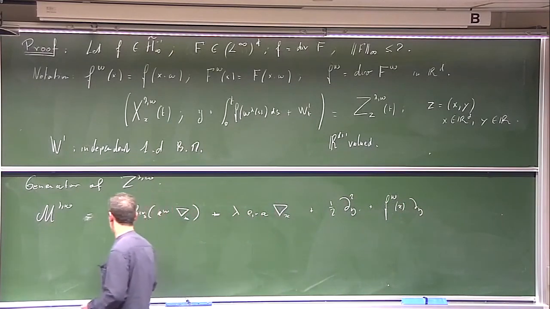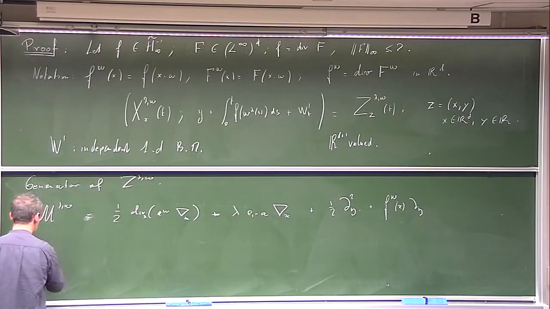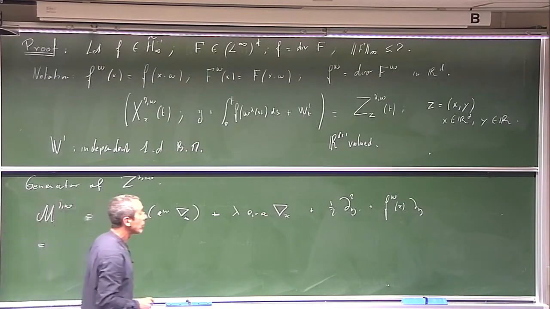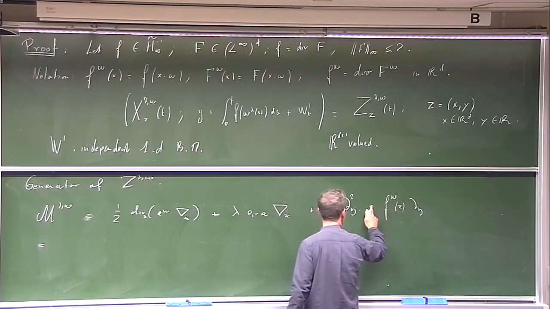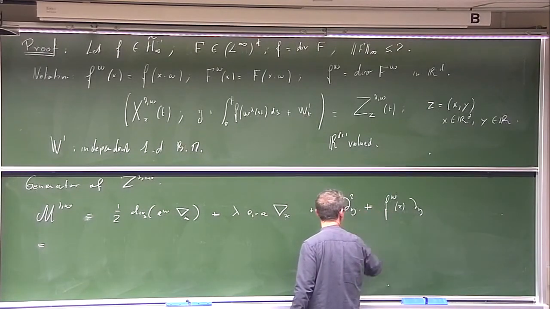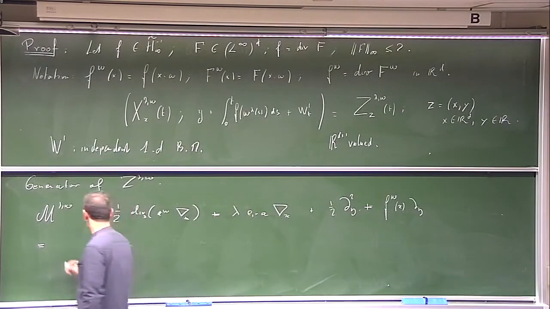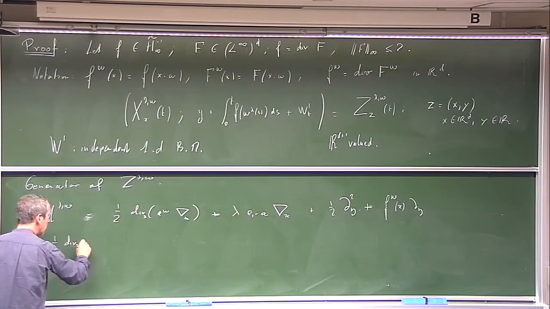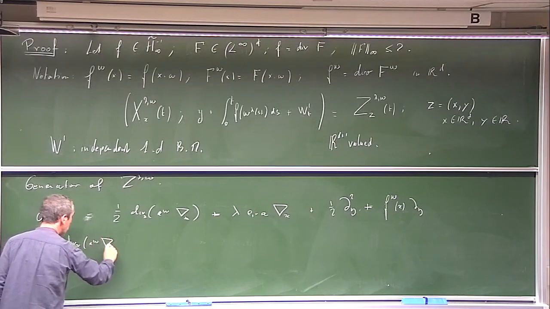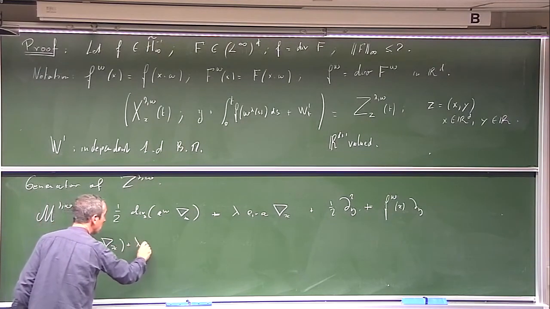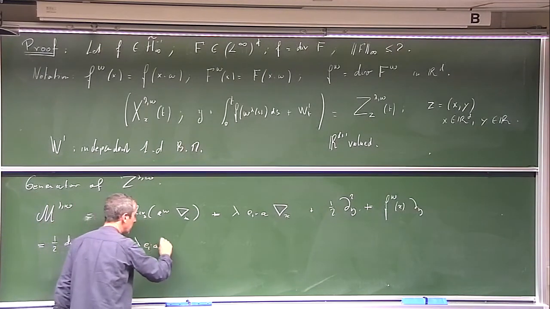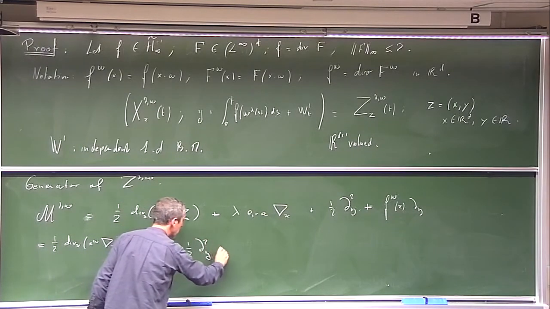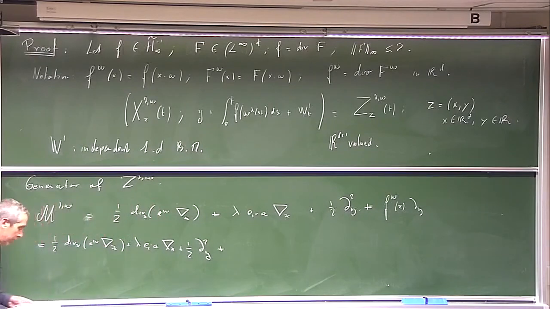So I want to rewrite that operator in a divergence form. And in particular, I want to rewrite the last term in divergence form. So let me just keep the beginning and rewrite the last term.